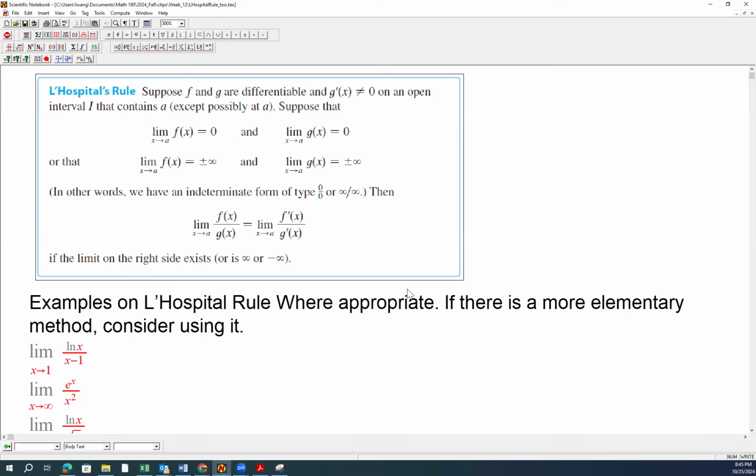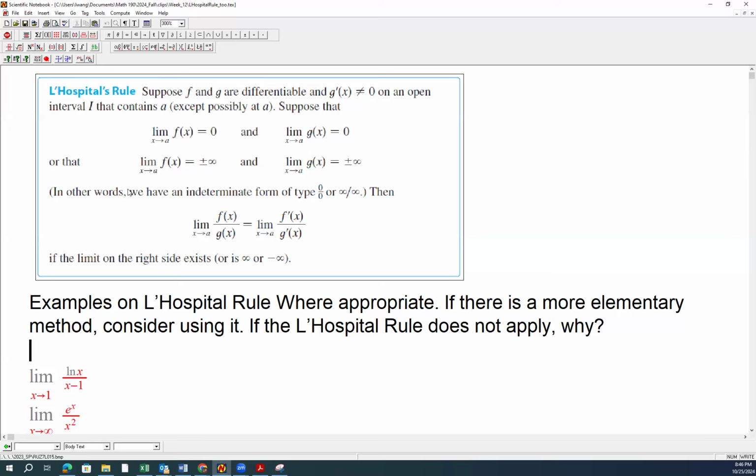And sometimes the L'Hopital rule may not apply. If the L'Hopital rule does not apply, you may like to know why.